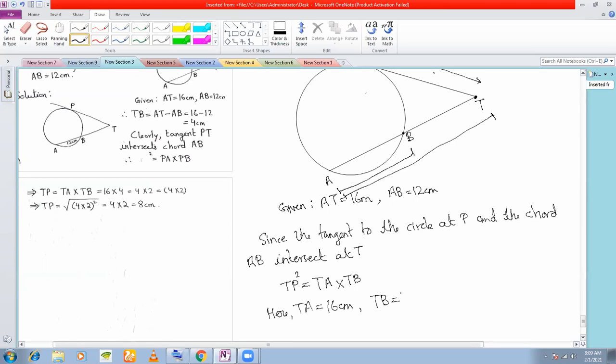But TB, if you see, TB must be equal to TA minus AB, which is equal to 16 minus 12. Right? So this is given to be 16. This is given to be 12. So this length here becomes 16 minus 12, which is 4 centimeter. Now we know all the lengths.